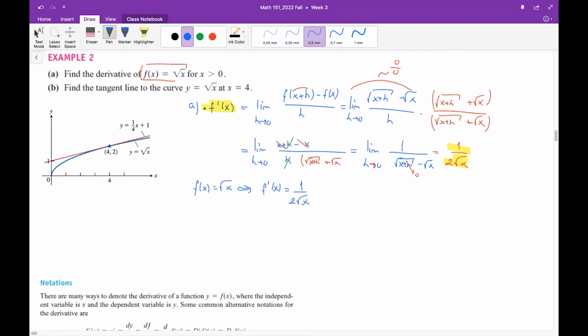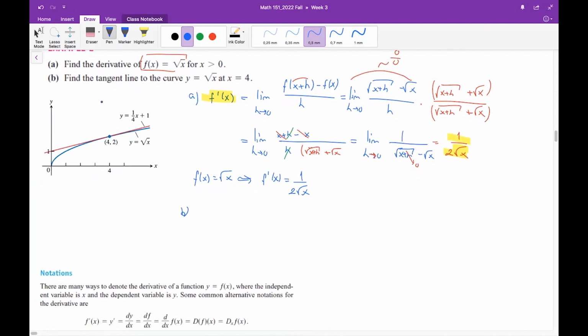This is part A. Now look at part B, please. We want to find the tangent line to this curve at the point 4. So our point is here. And at this point, you see, we draw a tangent line, which is drawn in red in the graph. Now we want to find the equation of this line, okay? This red line here is the tangent line to your curve at x equals 4, and we want to find the equation of it.